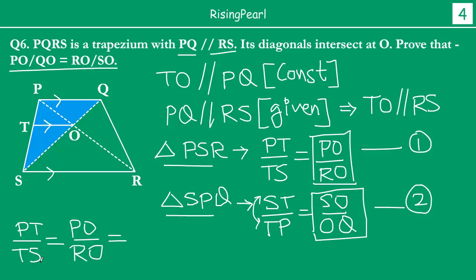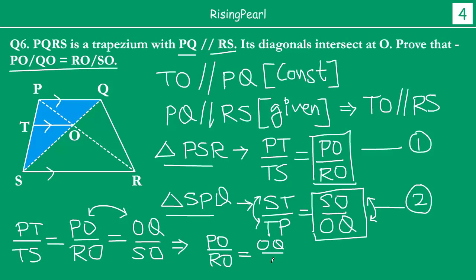Because we are writing PT by TS, this will go in the numerator, this will come in the denominator. So it will be equal to OQ by SO, where we have taken the reciprocal. So that means these ratios should be equal. So from here we can write PO by RO is equal to OQ by SO.